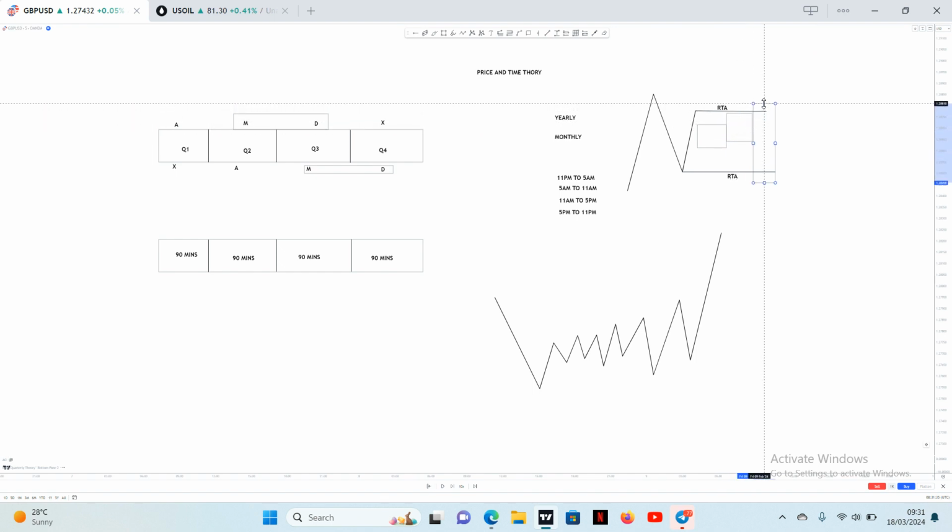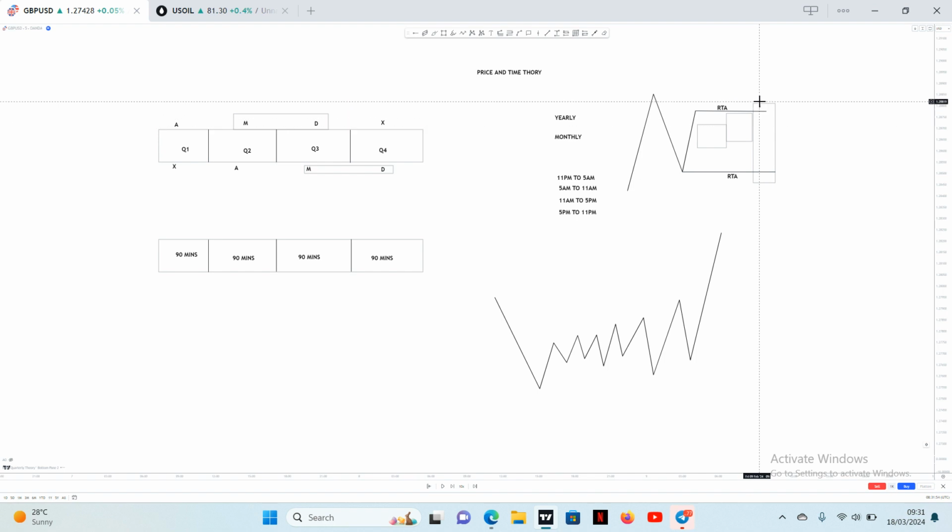This is now where we will wait for quarter three, which is New York, 11 a.m. to 5 p.m., to manipulate. Now, during this manipulation is now where we will look for entry at New York session.